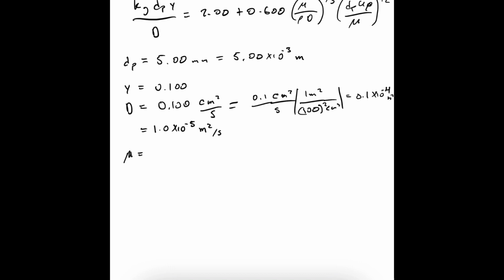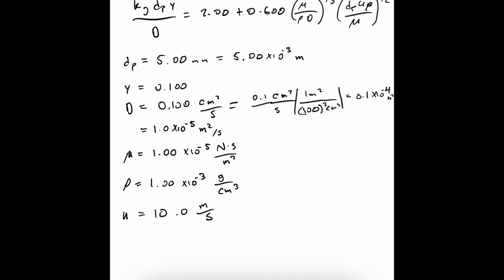Mu is the viscosity. That is already in the correct units. The density, rho, and the velocity is in good units as well.